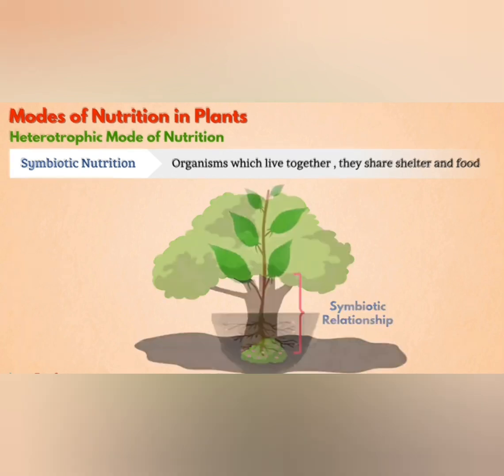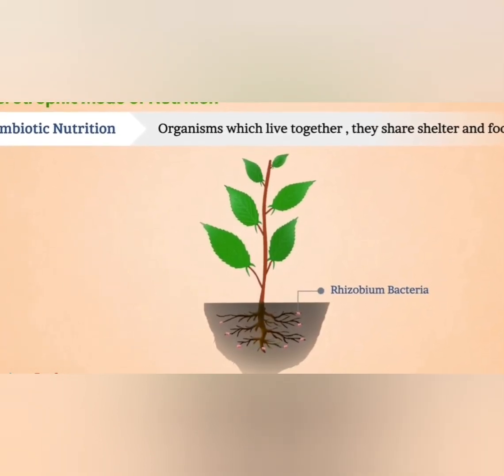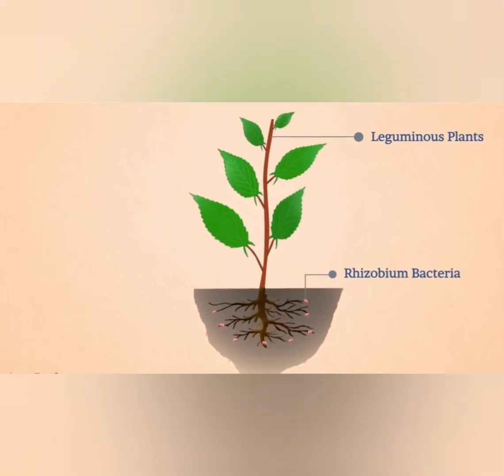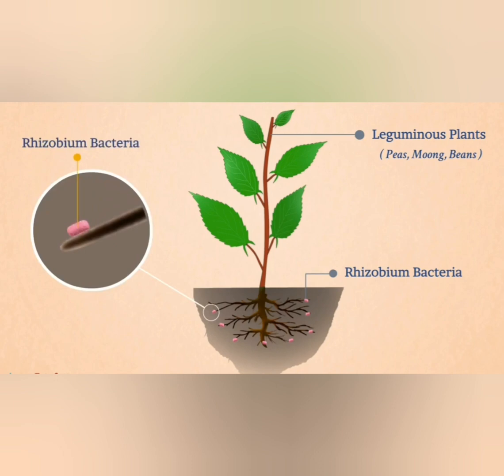For example, children, in the roots there are the rhizobium bacteria. There is rhizobium bacteria in the leguminous plants like peas, mung and beans. So what happens here? The leguminous plant lets the bacteria live in its root and also provides all the food that the bacteria needs.